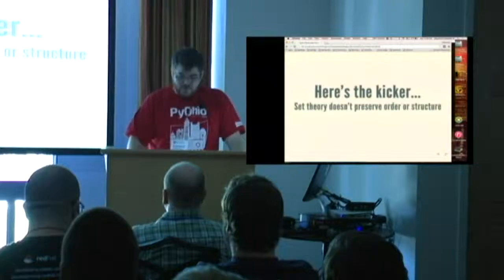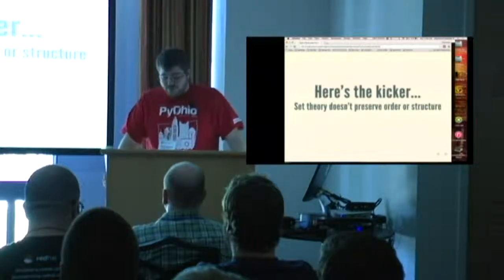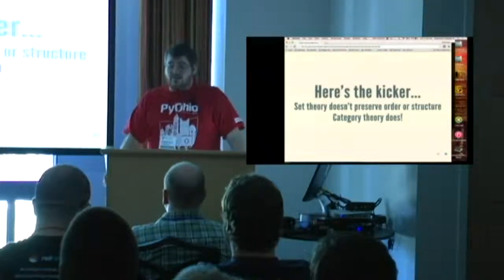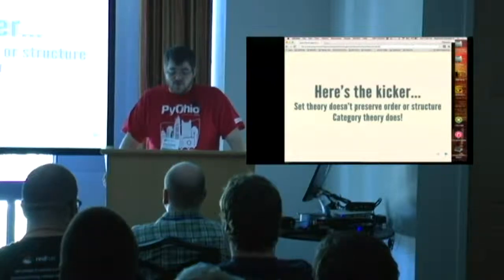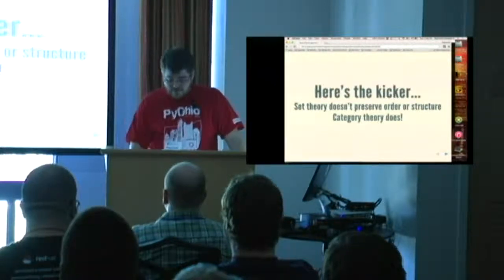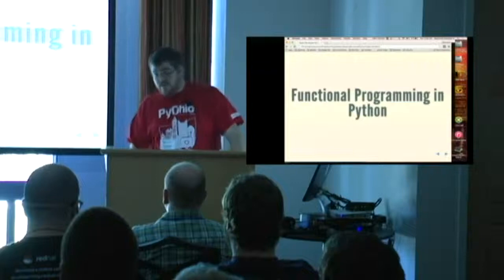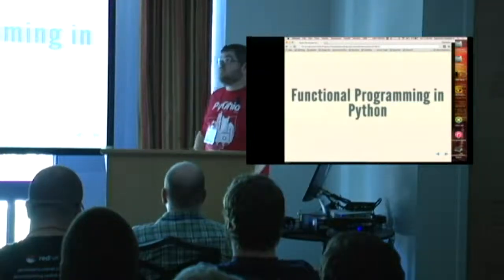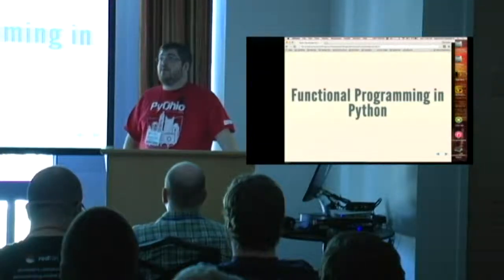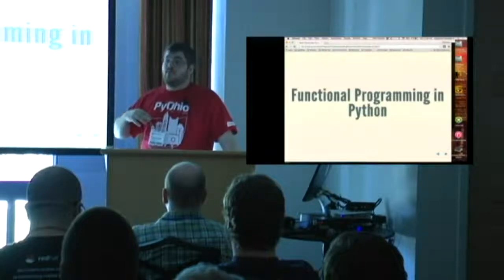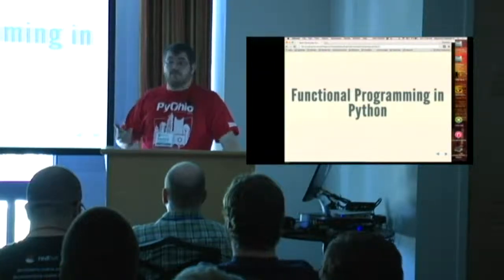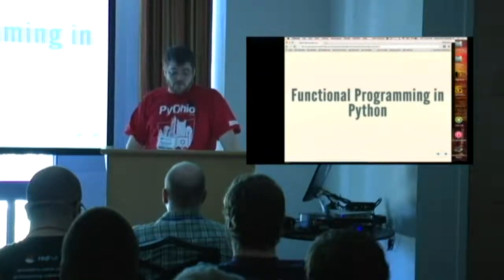Here's the kicker. Set theory doesn't preserve order or structure. Category theory does. So we can do some really awesome, amazing things with it. And that's sort of the underlying theory behind why Python is such a powerful language at its core.